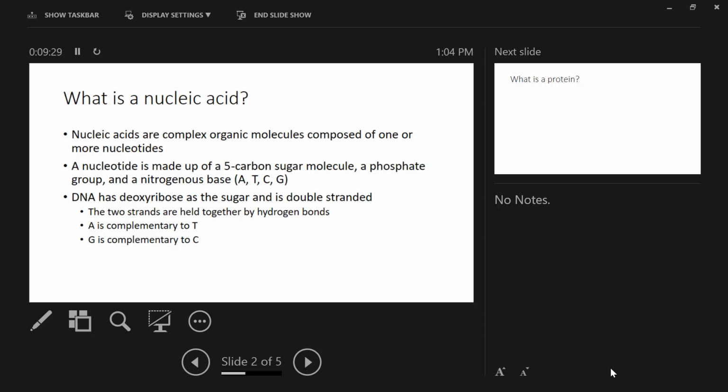So it is a single or string of nucleotides held together by covalent and sometimes hydrogen bonds.